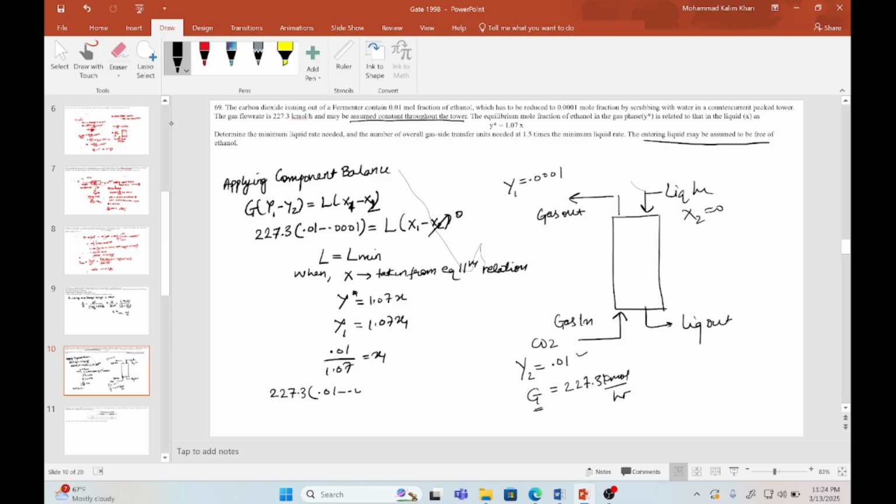So L minimum: 227.3 times (0.01 minus 0.0001) equals L minimum times 0.01 over 1.07.